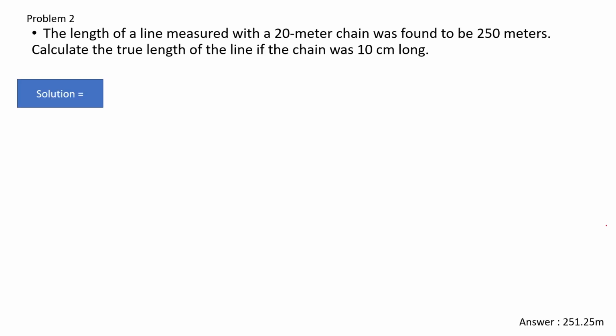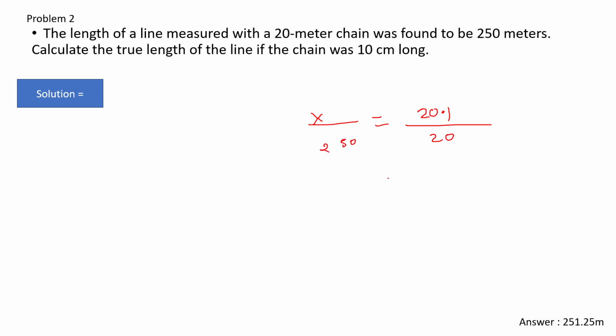So we will see here how to calculate the distance correction. The length of a line measured with a 20-meter chain is found to be 250 meters. Calculate the true length, where the chain was 10 centimeters too long. So what we have to find is x meters. The chain is 20.1 and here it is 20, and the measured distance is 250.